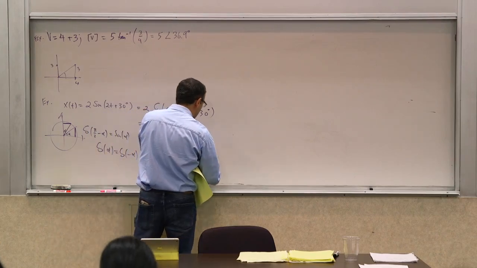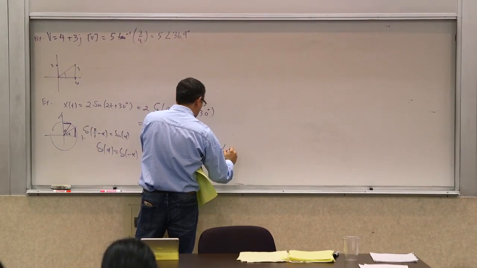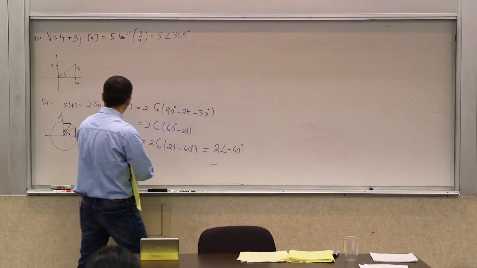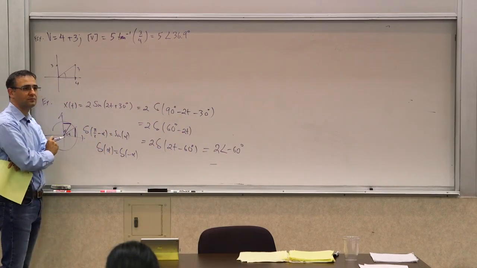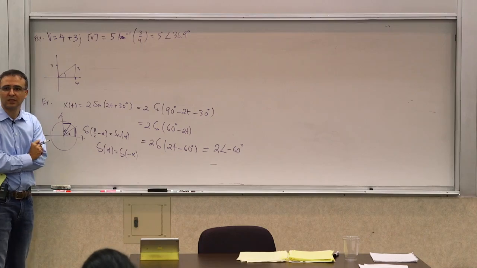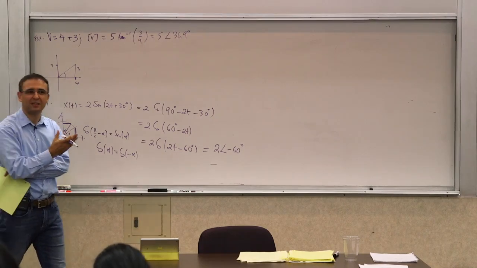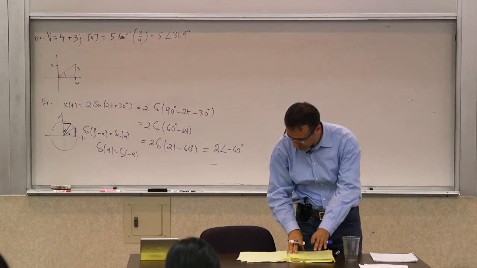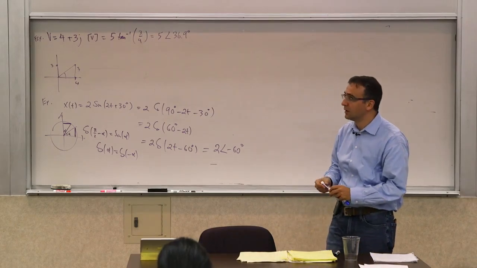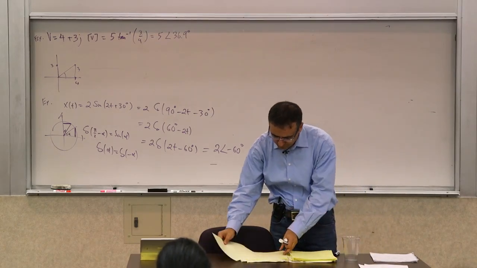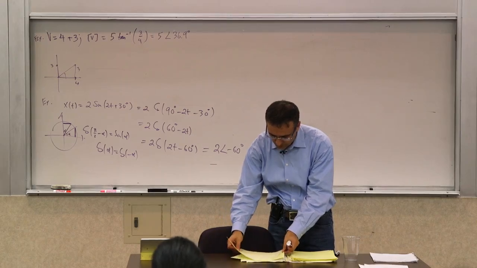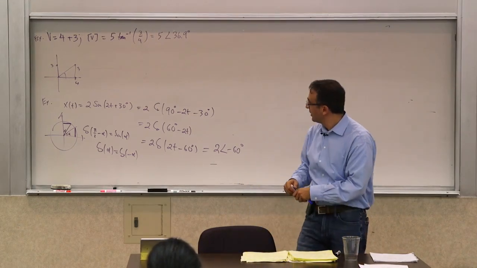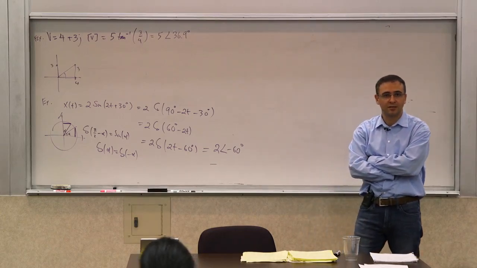So that is 2 with an angle of negative 60 degrees. Right? These are pretty straightforward calculations. I just wanted to make sure that you're comfortable with them. Okay. Any questions on these?